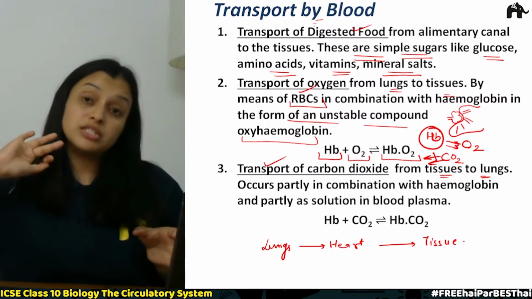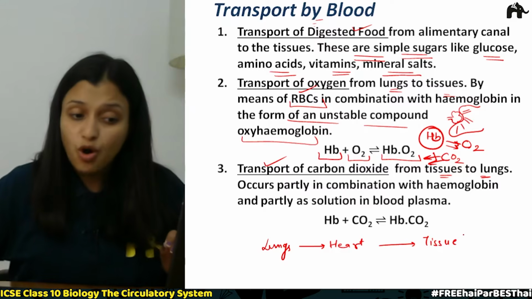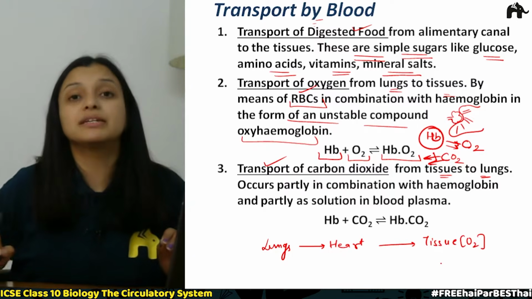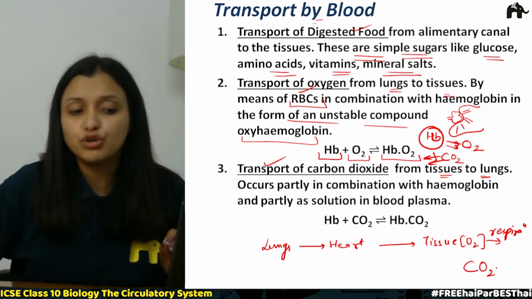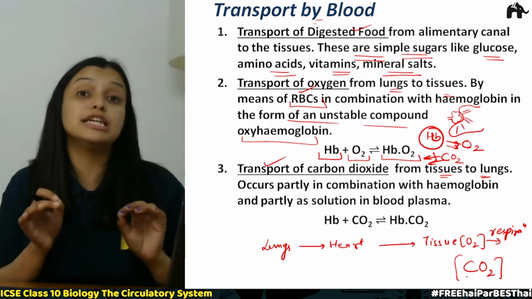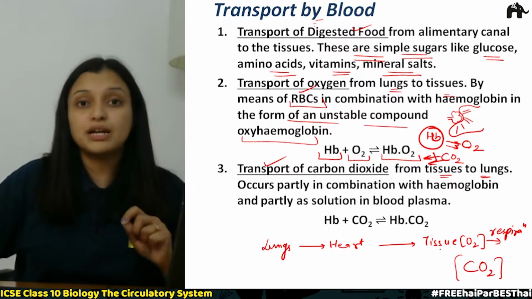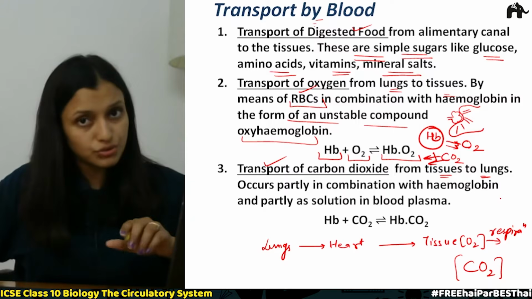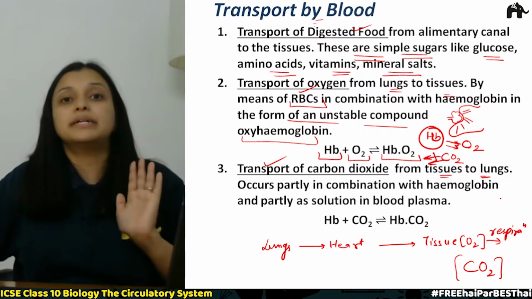As soon as it reaches the tissues, the oxygen will be picked up by the tissues, and when they perform their functions, when respiration occurs, a lot of carbon dioxide is released by the tissues, right? So these blood vessels will deliver oxygen to those tissues, and in turn they will take carbon dioxide.